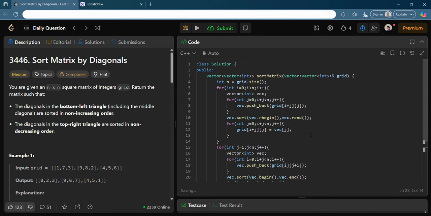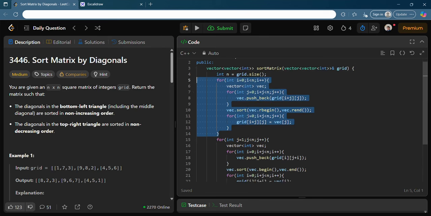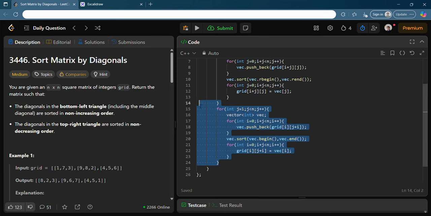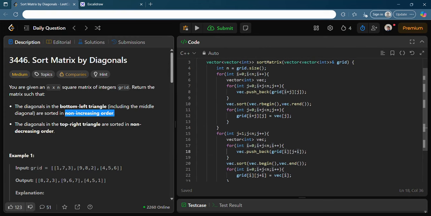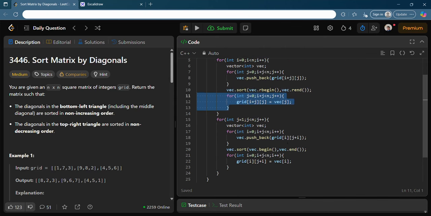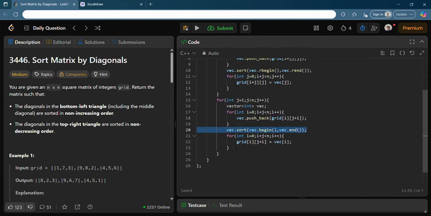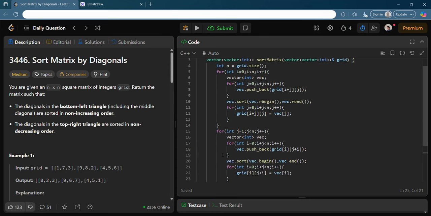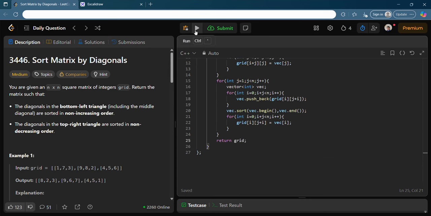So I am taking out the elements in the lower triangular matrix through one loop, and the elements in the upper triangular matrix in this loop, and whatever is told in the question, you just sort it: in descending order for the bottom left triangle, and in ascending order for the upper triangle, and then replace the elements. So yeah, I guess that was quite simple. All you need to do now is just return the grid after you have replaced all elements.